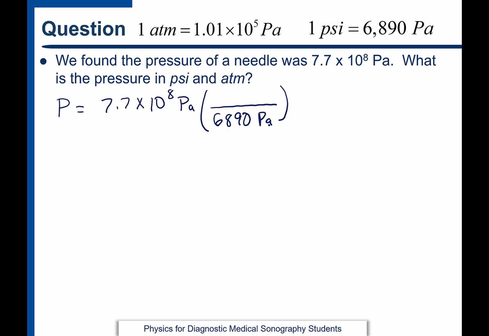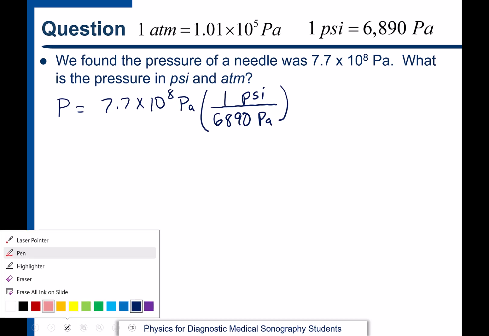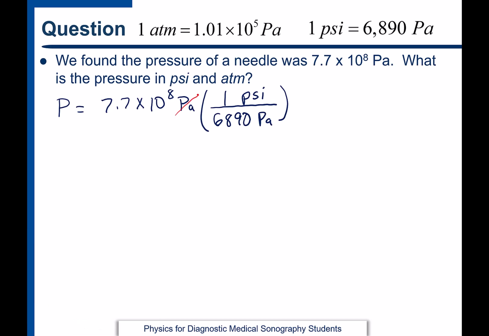And then up above, I'm going to put 1 psi. And so in this case, we can see that we've set this up right because pascals will cancel with pascals. And mathematically, we're just dividing by that 6,890. And what we get is a final answer of 1.1 times 10 to the 5th psi.